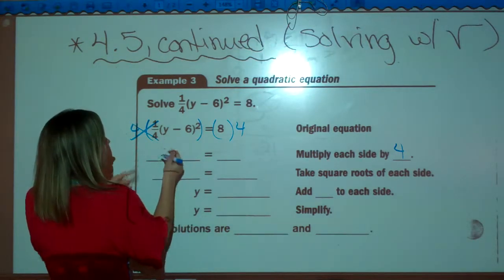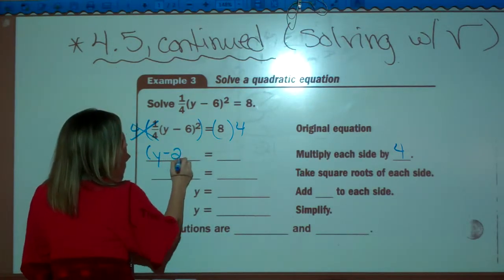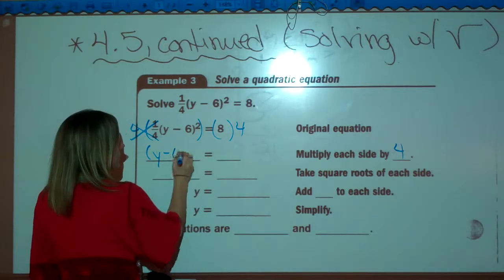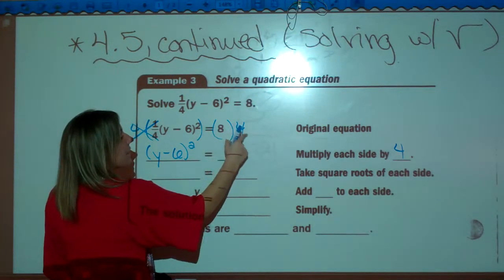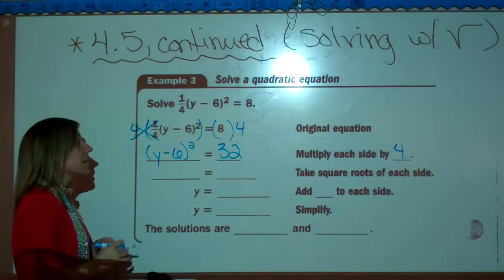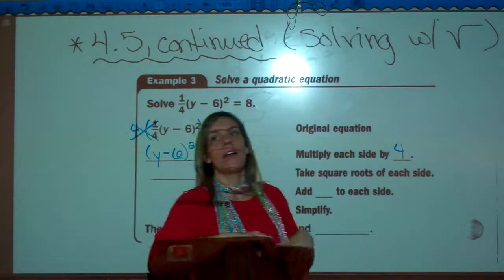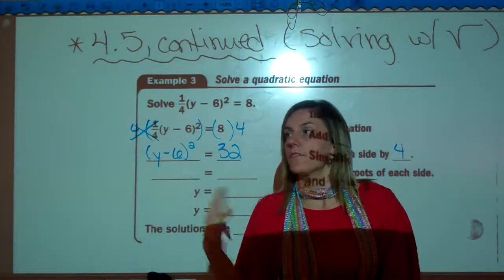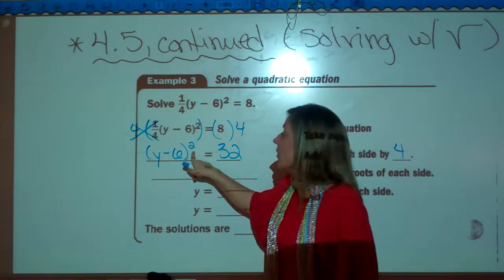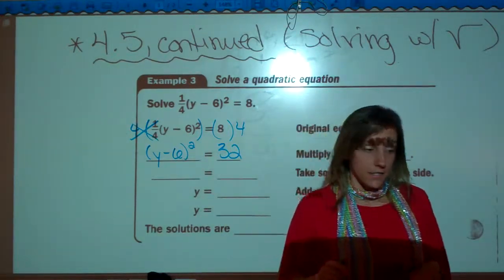That gets rid of the 1/4, so we're left with the y minus 6 squared, and then that becomes a 32. All right? Then, again, just like adding is the opposite of subtracting and dividing is the opposite of multiplying, you want to ask yourself, well, what's the opposite of squaring something?